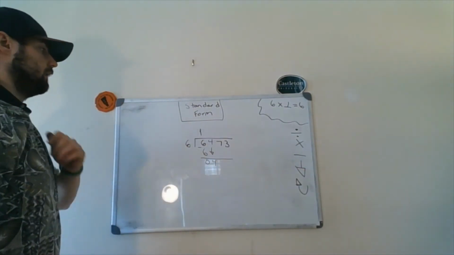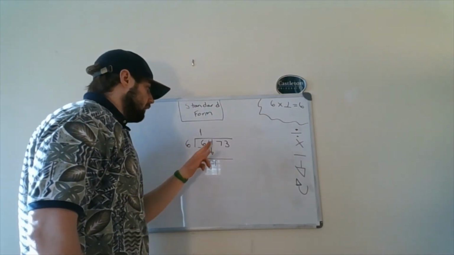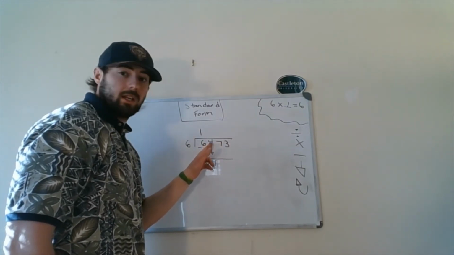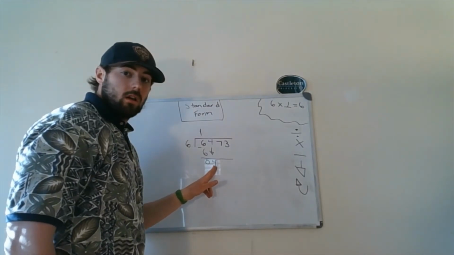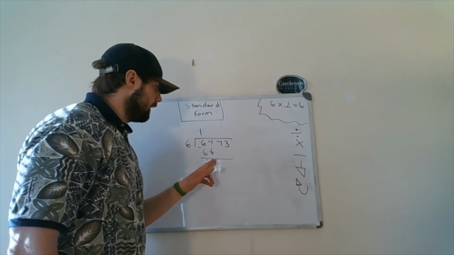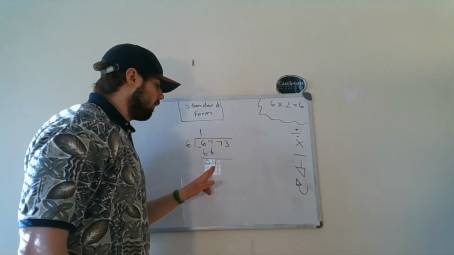I divide. I need to divide now, not 6 into 473 or 6 into my 4 here. I'm dividing 6 into my new whole that we started right here. Is our 4 in the hundreds place? 400. Can 6 be divided into 4?